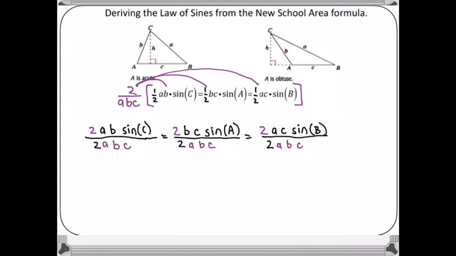When we distribute the 2 over ABC into each one of those statements, we end up with this. And from here, we get to cross some stuff out.